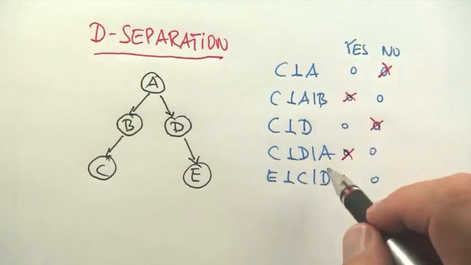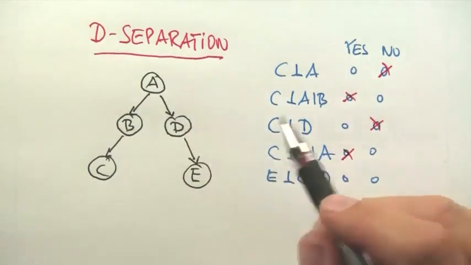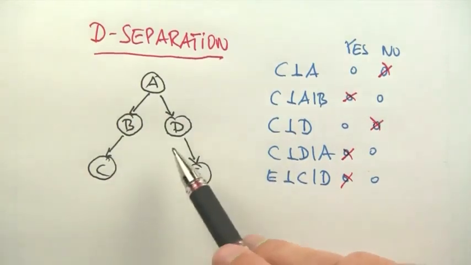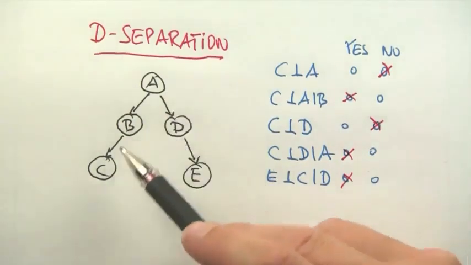Therefore, given A, C and D are independent. The same is true for E and C. If we know D, then E and C become independent.